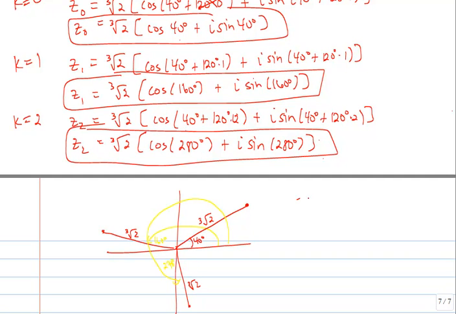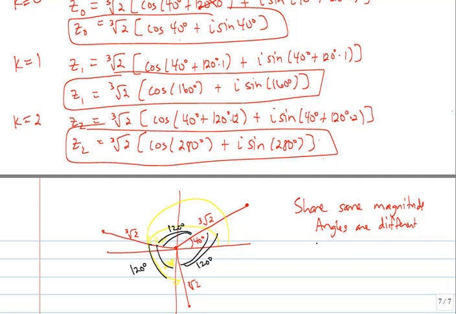So they all 3 share the same magnitude. The only thing that's different about these 3 solutions is the angles are different. And what you want to notice is how they are different. Notice that each one of these is separated here by 120 degrees.